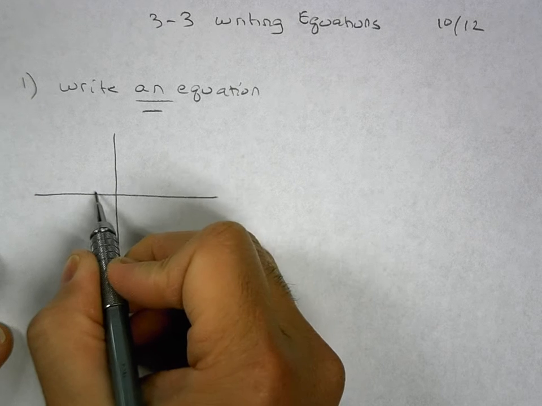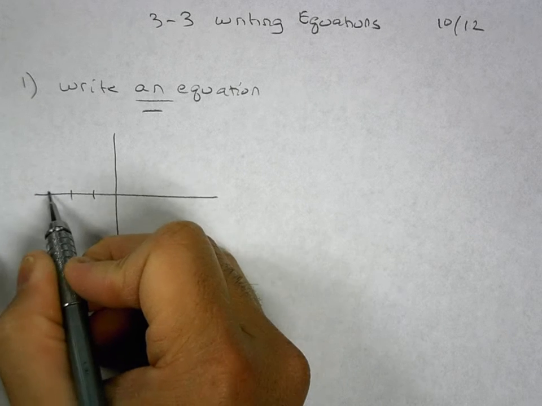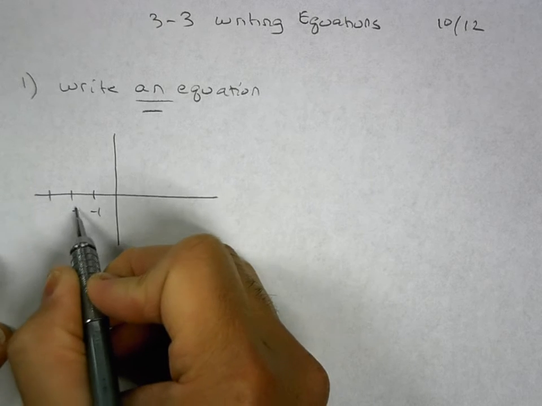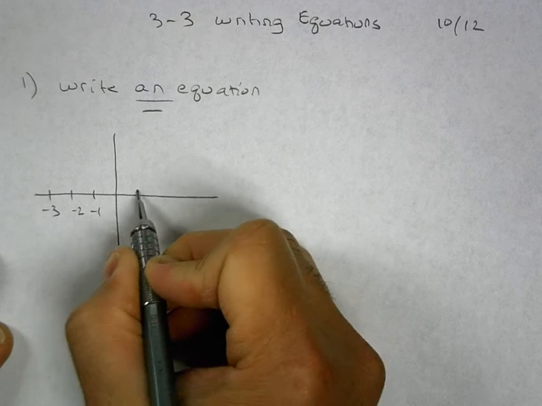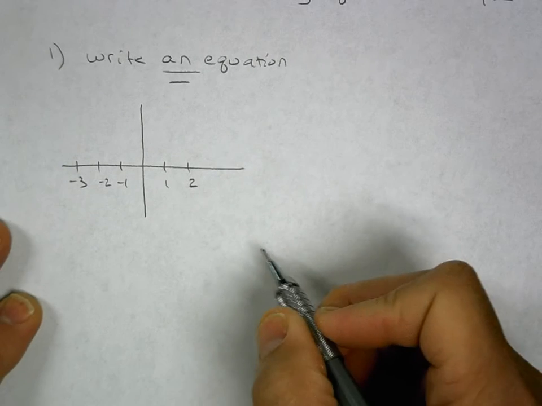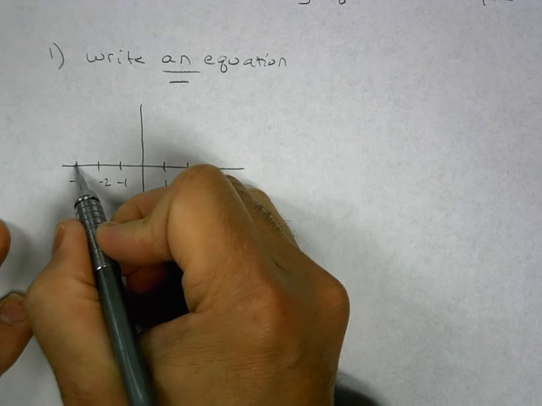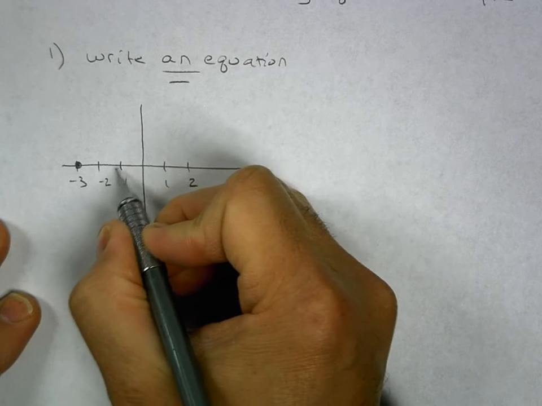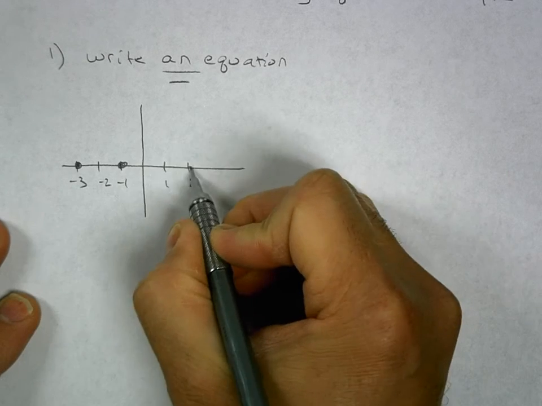And so let's plot it. So -1, -2, -3, 1 and 2. Okay, put a 0 at -3, at -1, and also 2.